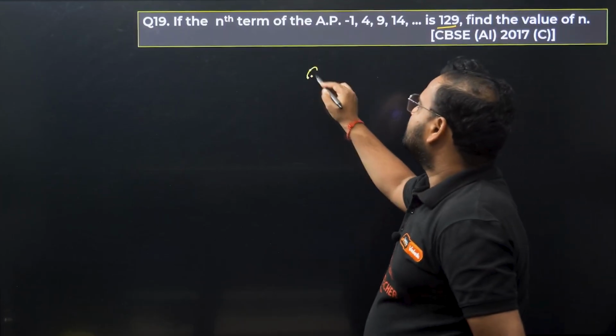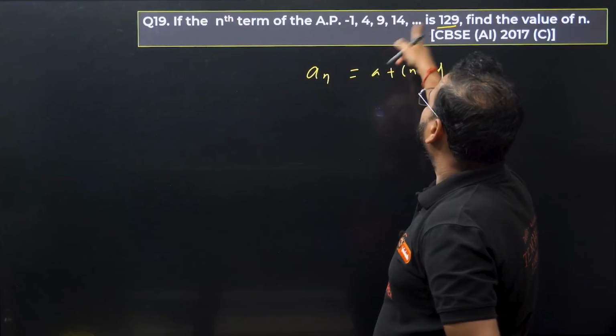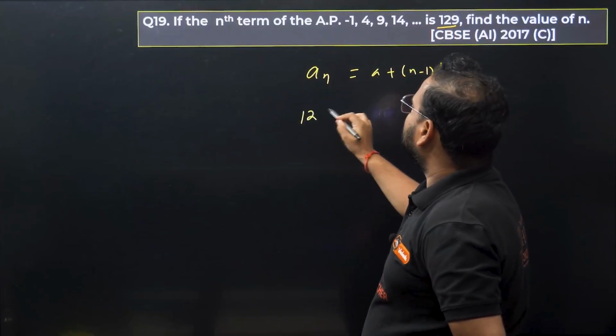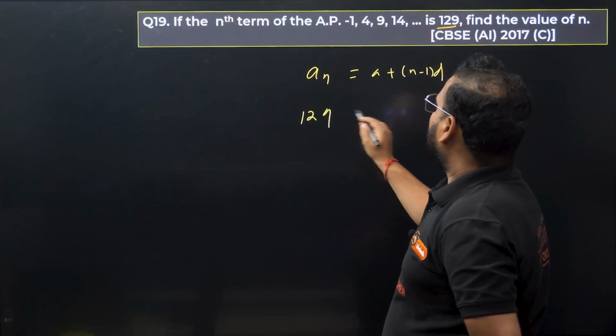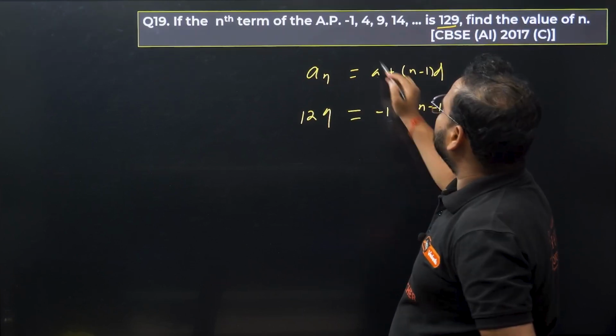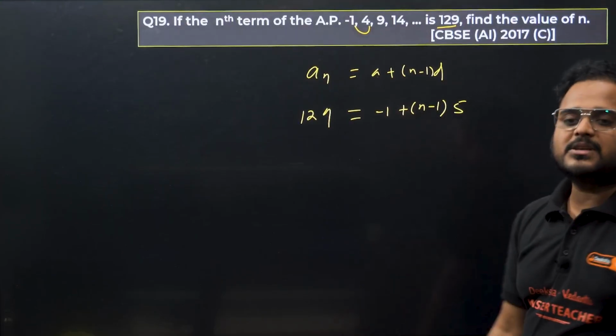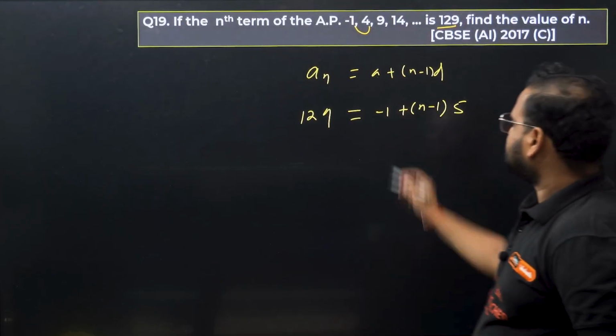Basically, the general formula: an equals a plus n minus 1 times d. An is 129, the nth term. It's 129 equals minus 1 plus n minus 1 times the common difference. Common difference is 5. Minus 1 plus 5 is 4. Bring this over here.